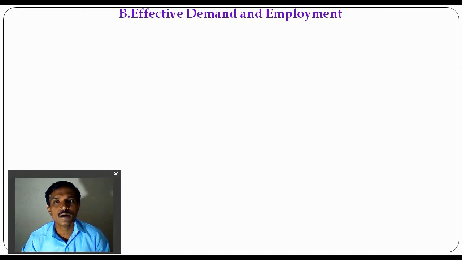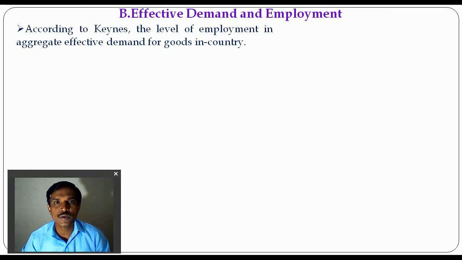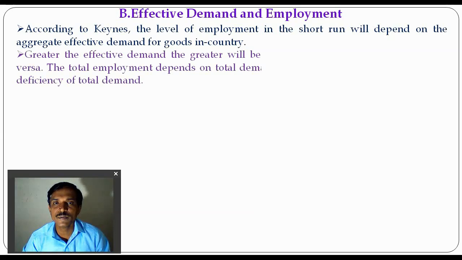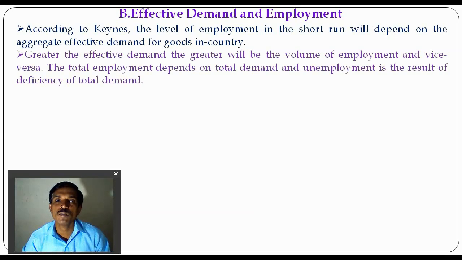Effective demand and employment. According to Keynes, the level of employment in the short run depends on the aggregate effective demand for goods in the country; greater effective demand means a greater volume of employment and vice versa. Total employment depends upon total demand, and unemployment is the result of deficiency of total demand.